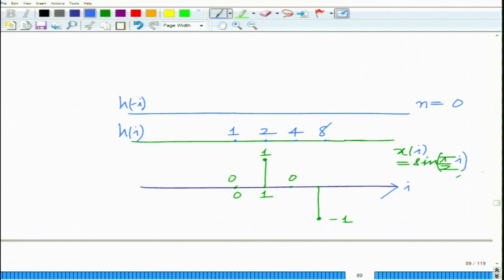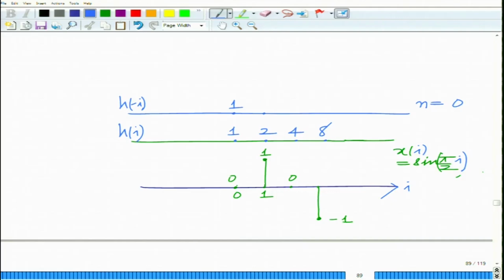So, h of minus 0 is h of 0, which is 1. h of minus 1 is h of 3, since minus 1 modulo 4 is 3, which will be 2 to the power of 3, that is 8. h of minus 2 will be h of 2, which is 4, and h of minus 3 modulo 4 will be h of 1, which is 2.